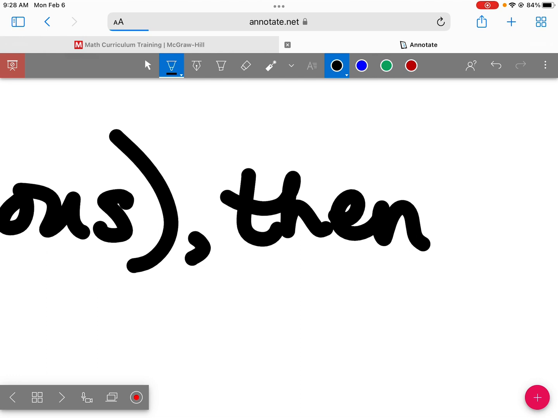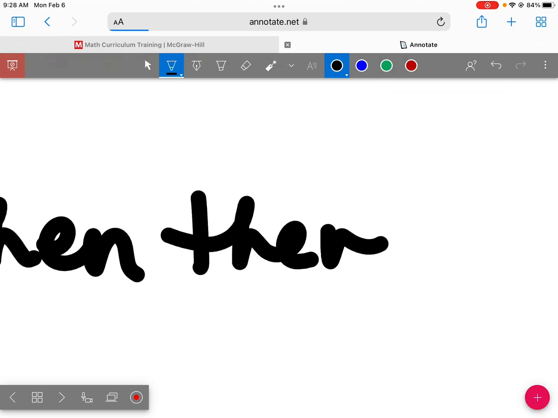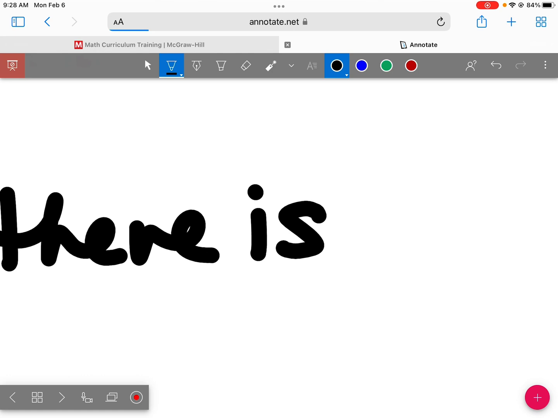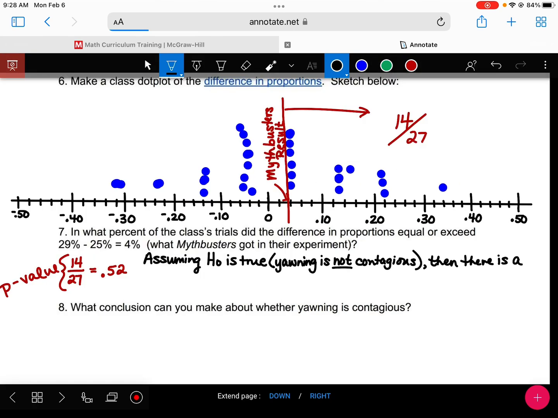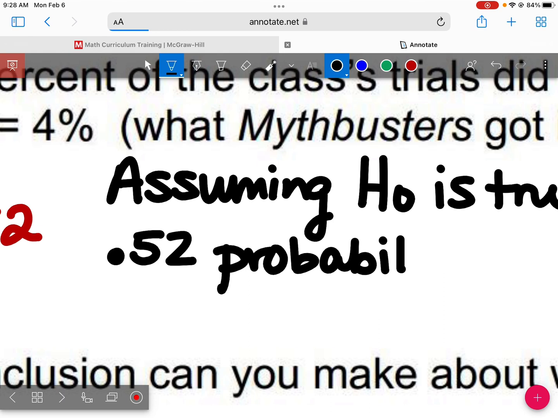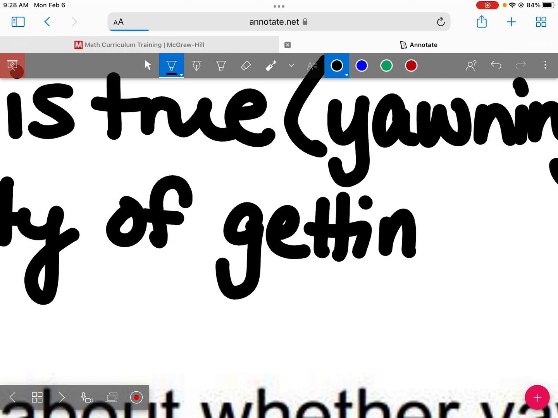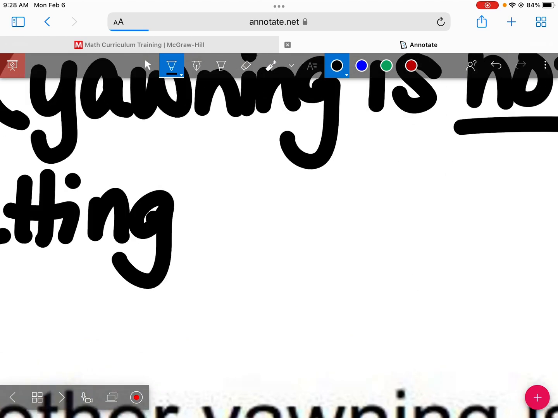Then what? Yes, there is a 0.52 probability, or 52%, of getting what? 0.04 or higher.